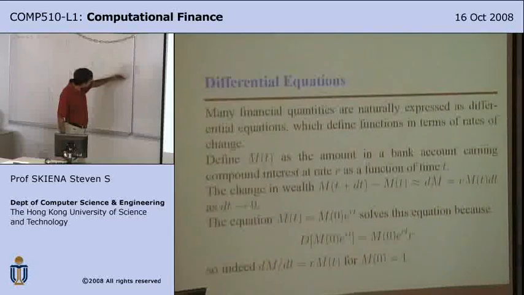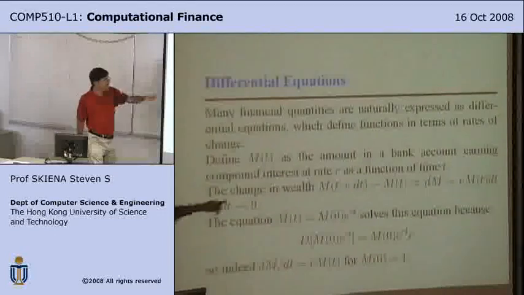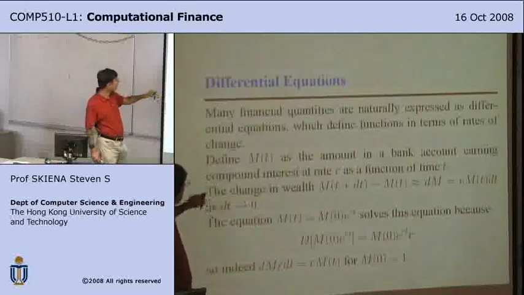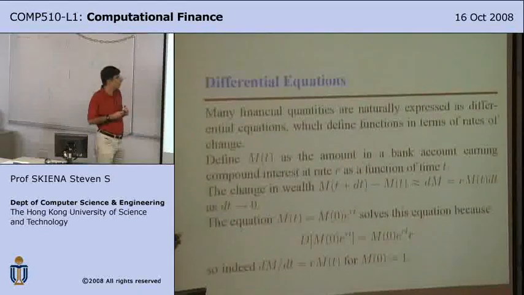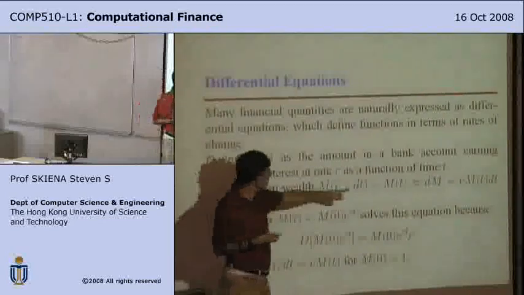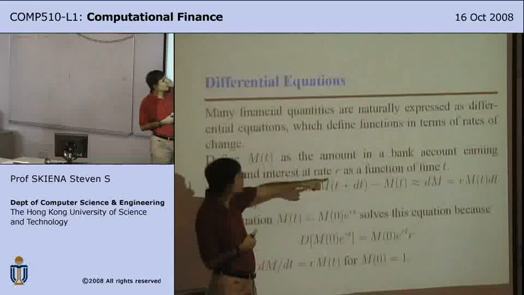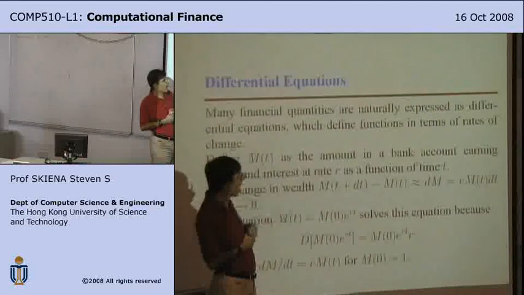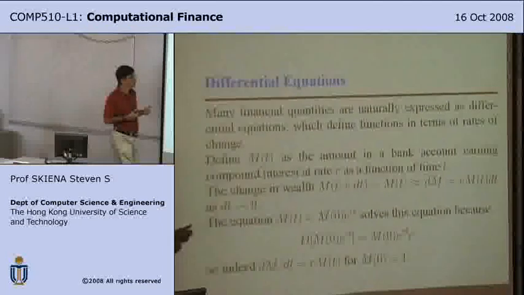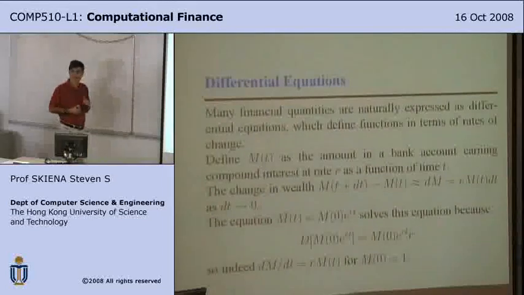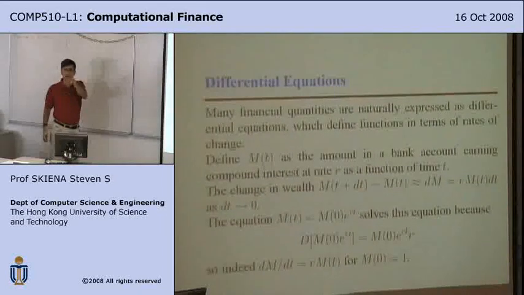So adding R times delta t gives us what the change is. The change in wealth between now and delta t from now is essentially going to be the amount of money we have times the interest rate times delta t. Any questions? Does that make some sense?